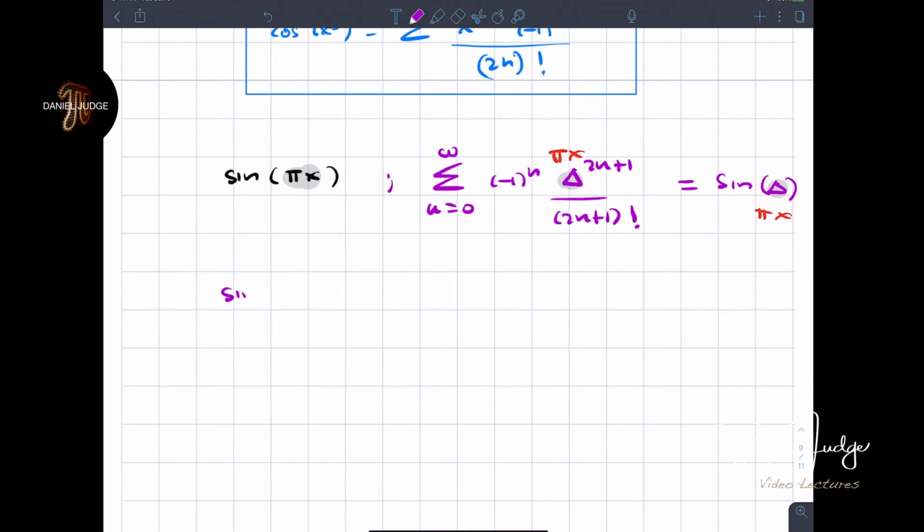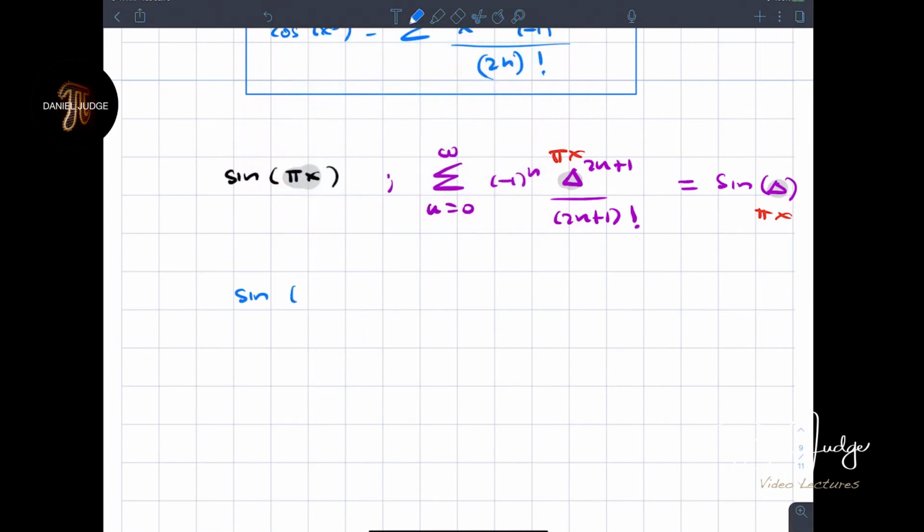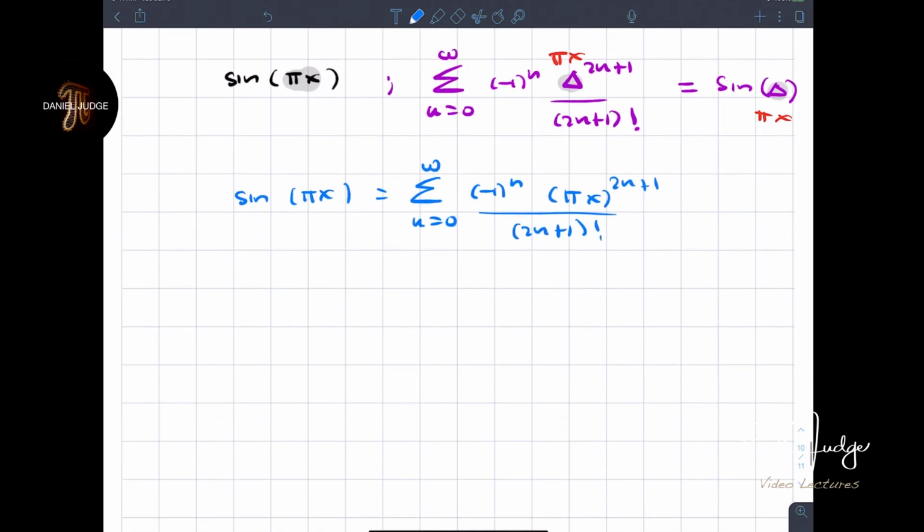So plug in a pi x here and a pi x there and just use some algebra. So sine pi x is the sum n is 0 to infinity, (-1)^n, (pi x)^(2n+1), everything over (2n+1) factorial. So here's where you use the algebra with the powers.